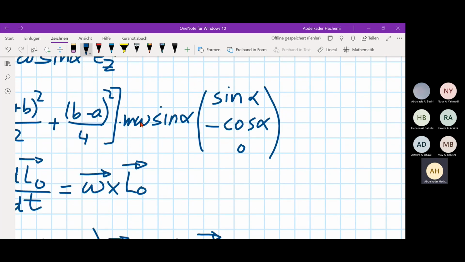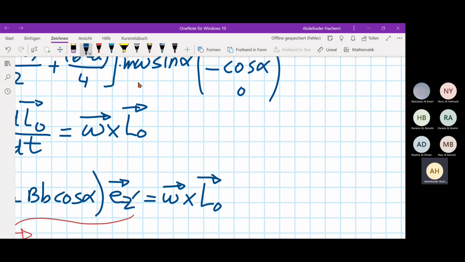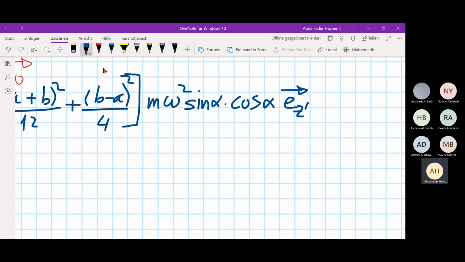Then we have here M omega sine alpha. There is only one component, which is the frame component, there is no relative component. Then omega is the frame component, and when we multiply, we get omega square here.